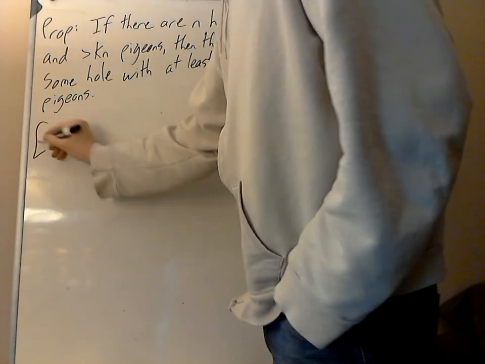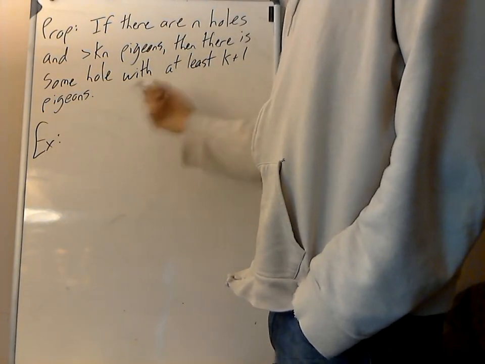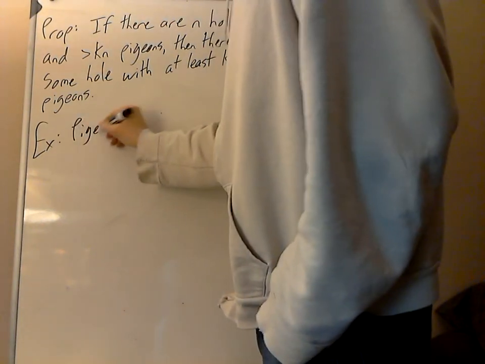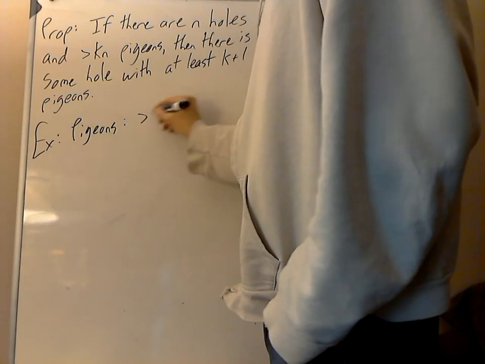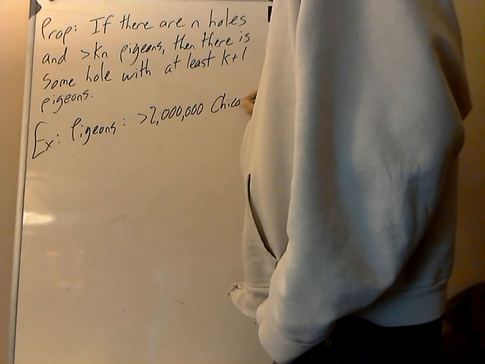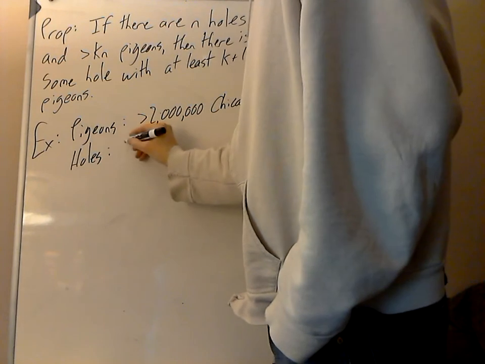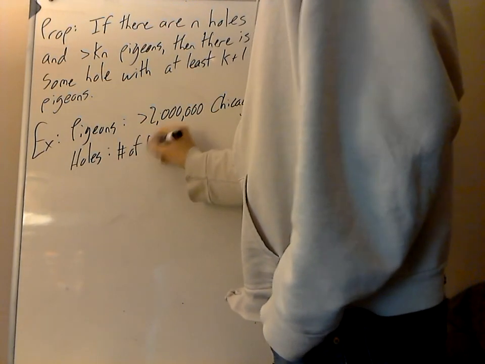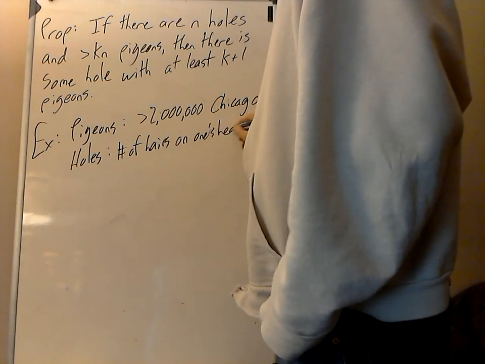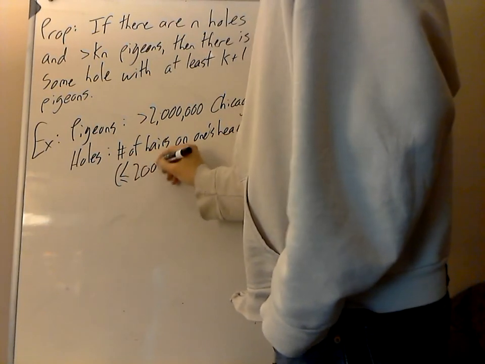So an example for this, we might return to our problem of people in Chicago with the same number of hairs on their head. The pigeons are the more than 2 million people in Chicago. And the holes will be the number of hairs on one's head, which is at most 200,000.